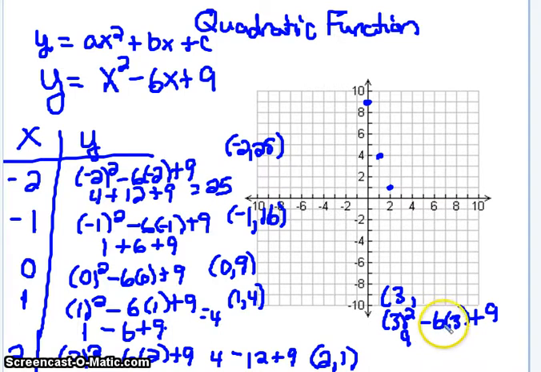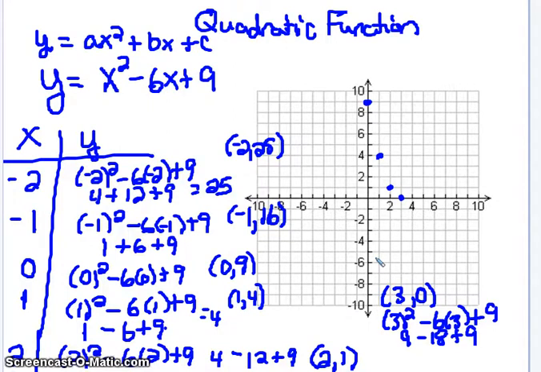If I have a negative 6 times 3, that gives me negative 18. And plus 9, so 9 and 9 give me 18. Minus 18, I get 0. So 3, 0. It's starting to look like a parabola a little bit.